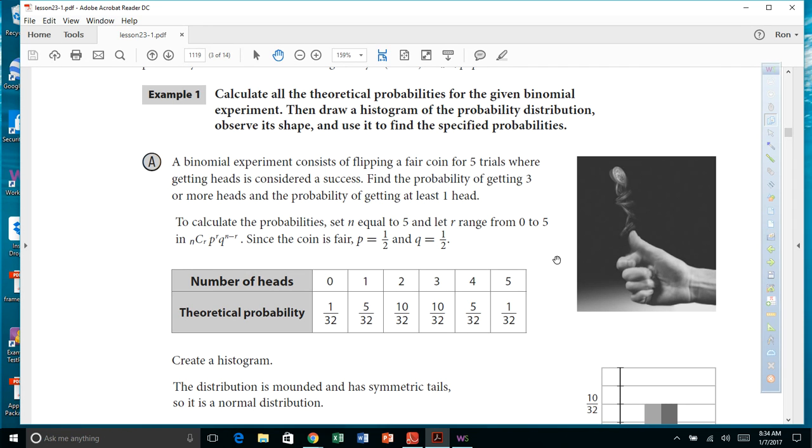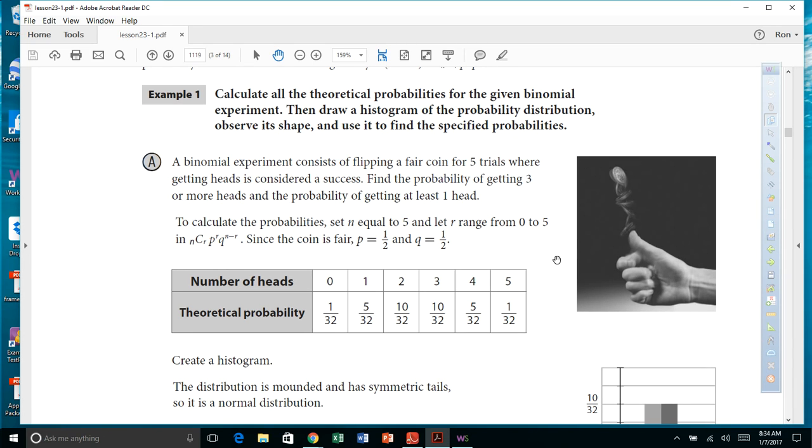All right, a binomial experiment consists of flipping a fair coin for 5 trials, where getting heads is considered a success. Find the probability of getting 3 or more heads and the probability of getting at least 1 head.